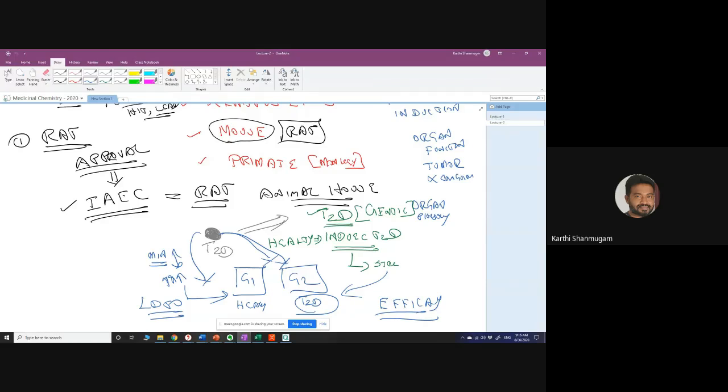What it means is that the drug you have administered has some efficacy. It is able to reduce the blood glucose level. That is the intention of your study. So now you can say that your molecule has efficacy.